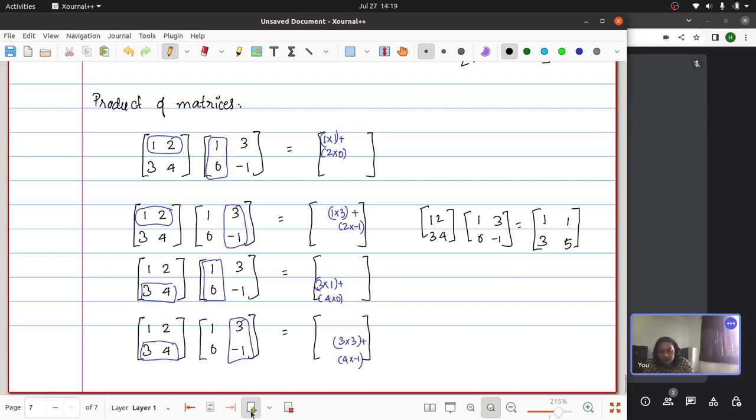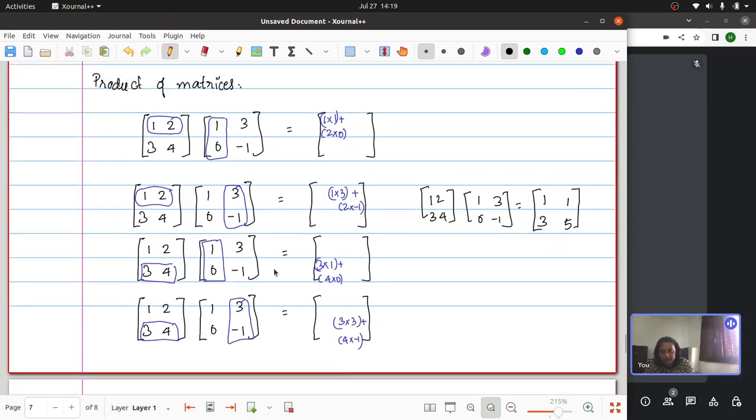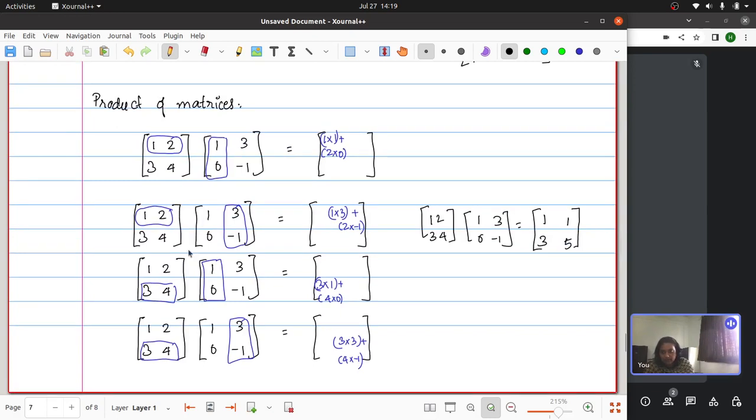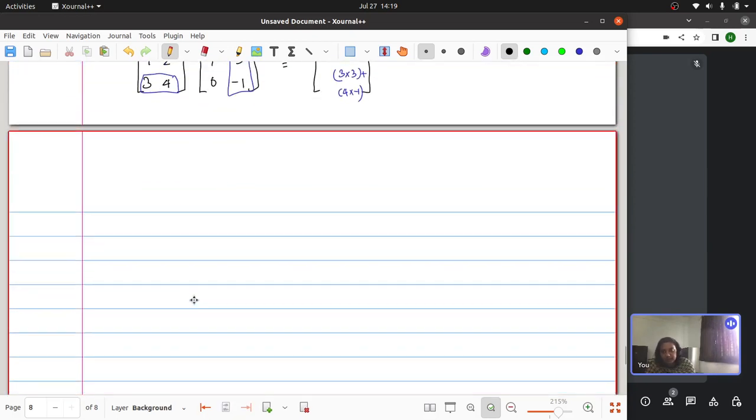So what are we doing here? We are taking this row and this column, right. So in order to take product of matrices, the number of entries in the rows should be equal to the number of entries in the columns, right, or rather the number of entries in each row is given by the number of columns.